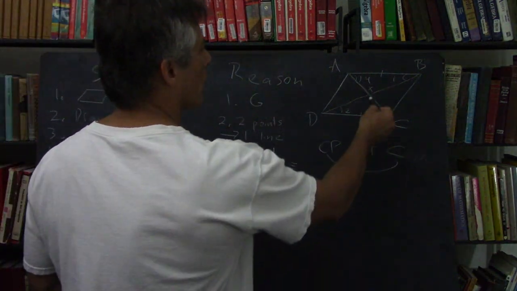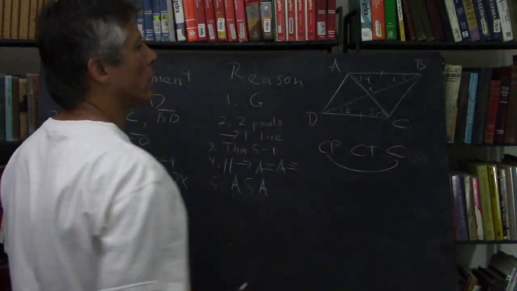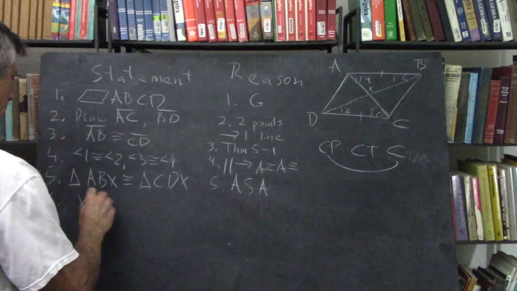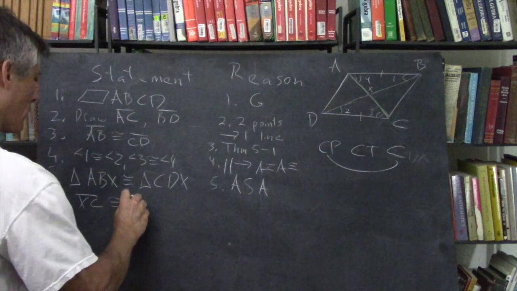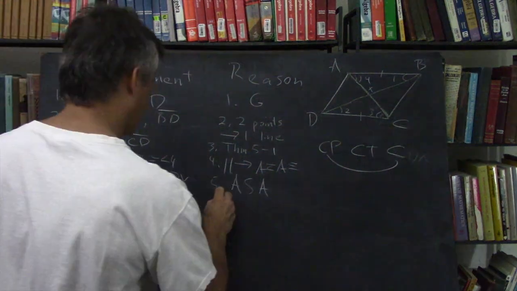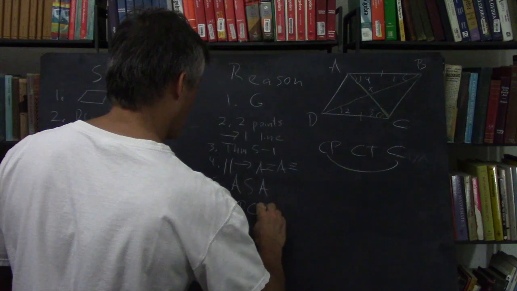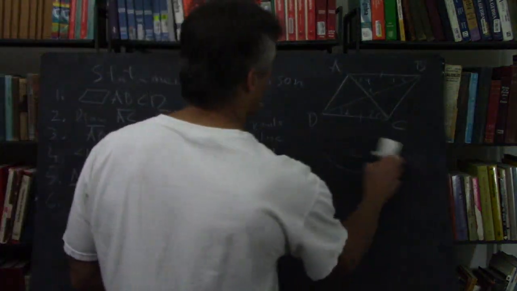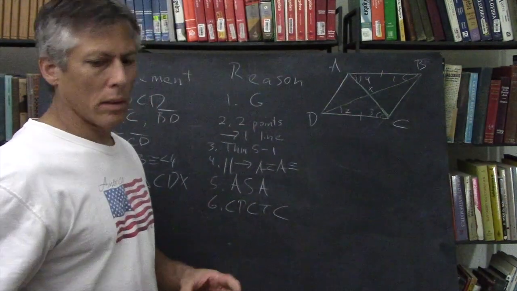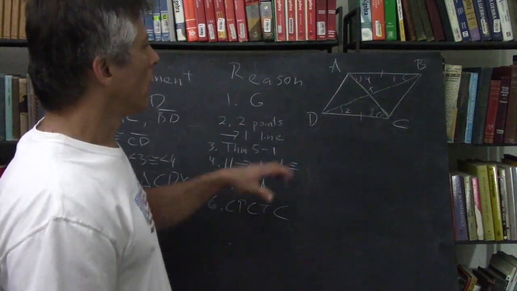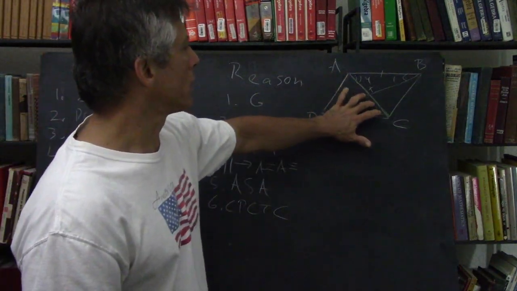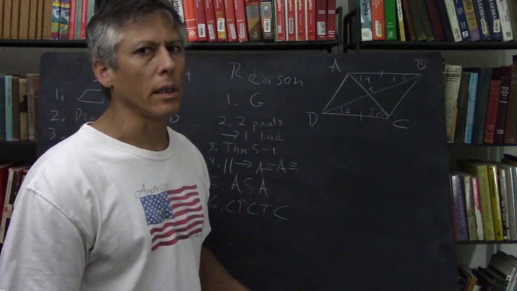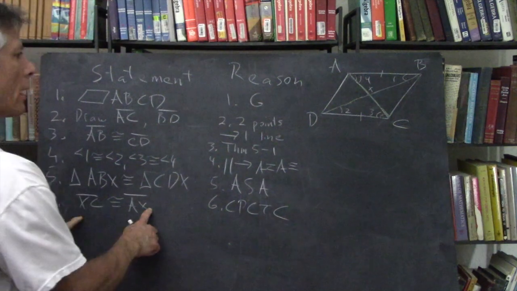So we know that XC is congruent to AX. Okay, and so this is congruent to this, and therefore BD bisects AC because it cuts it into two congruent segments.